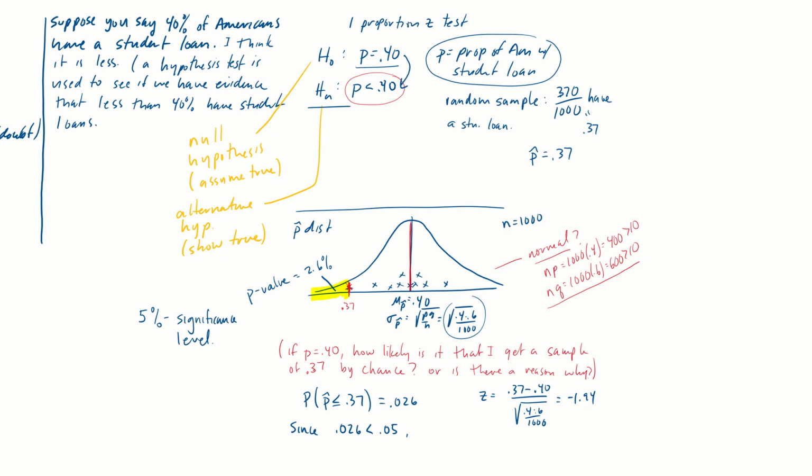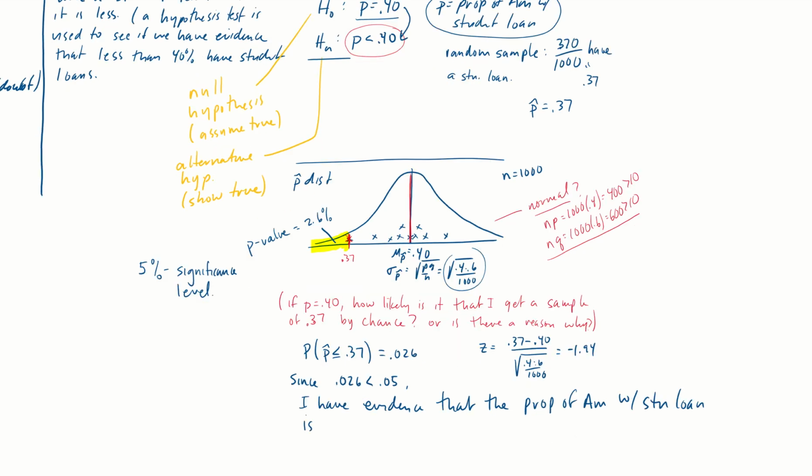So since 0.026 is less than 5, I have evidence that the proportion of Americans with a student loan is less than 0.40.